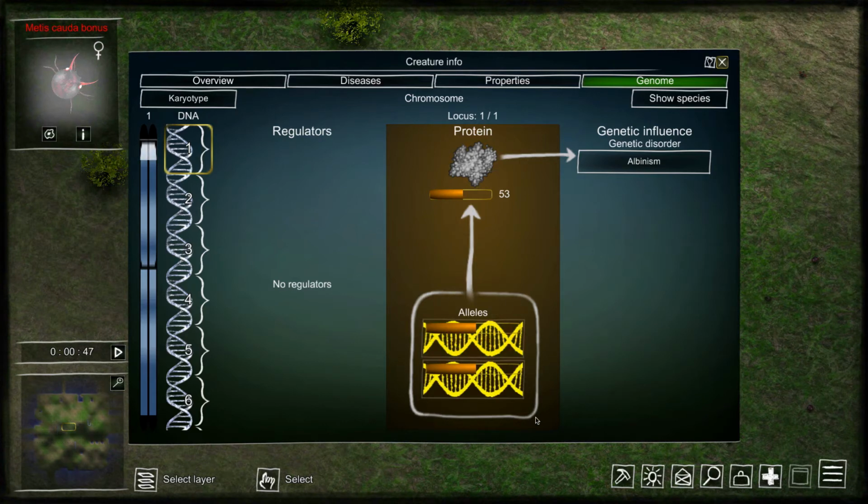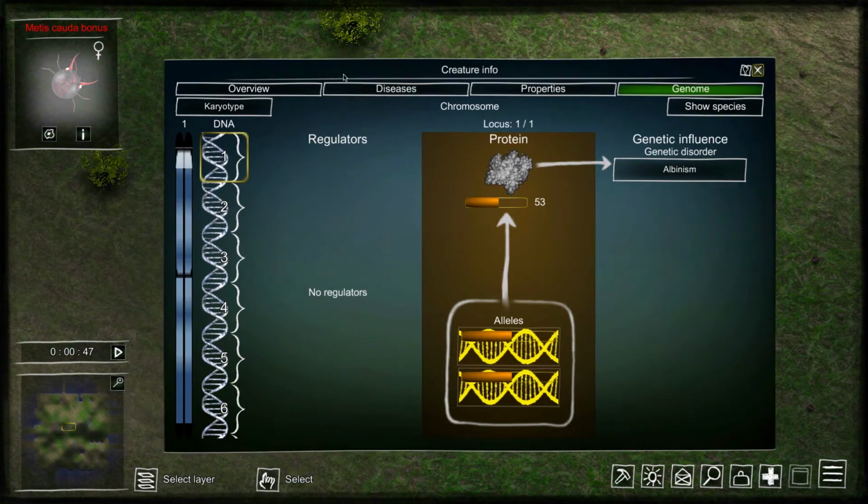As we can see, it has two yellow disease alleles. If both alleles in one locus are the same, like in this case, the creature is said to be homozygous. So this locus is homozygous. If the creature has inherited different alleles from his or her parents, it is said to be heterozygous.